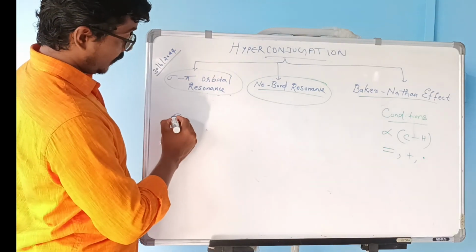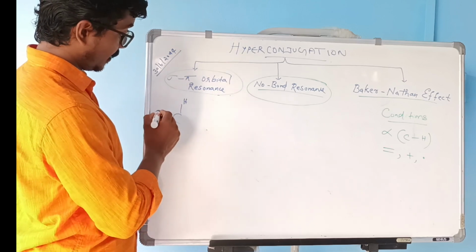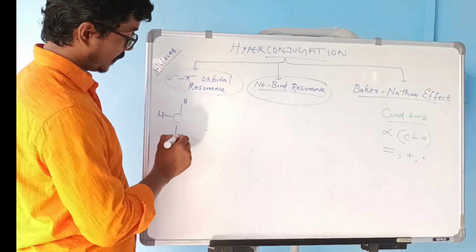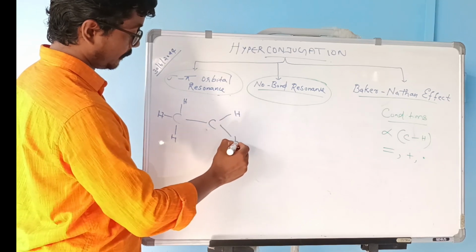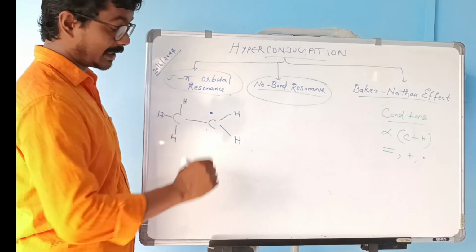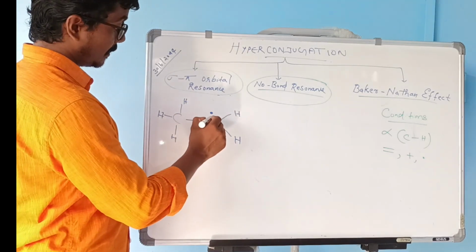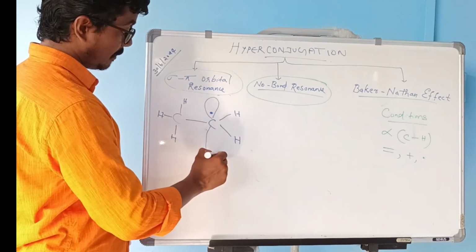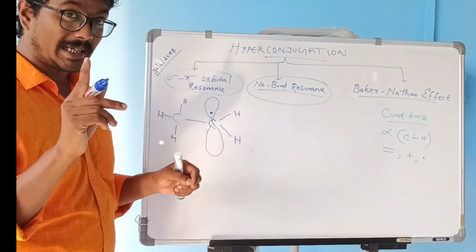So here we will consider an ethyl free radical. Here a free radical is there. What does this free radical mean? A p orbital with one electron.